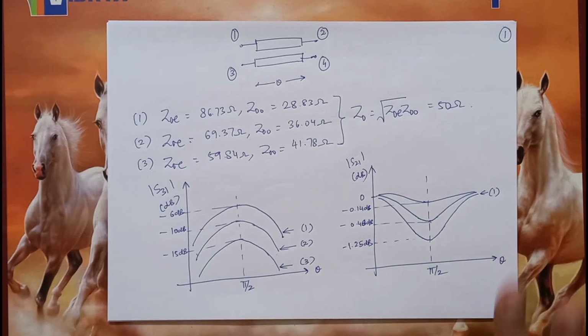We can actually verify from the expressions for S31 and S21 that we derived in the previous lecture that we can indeed achieve maxima or minima at theta equals pi by 2. So let us quickly write what those expressions were.